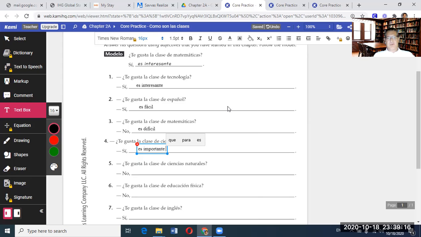Importante, important. It's a cognate. You can recognize important. In Spanish, importante. ¿Te gusta la clase de ciencias naturales? You like natural science class? No. Es.